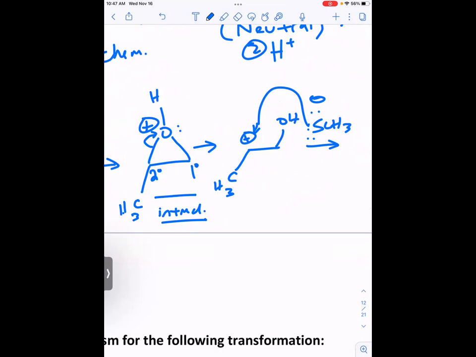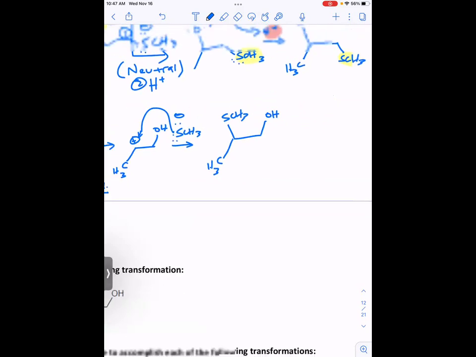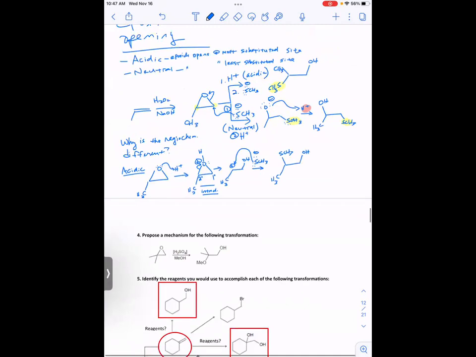And so that's why we see that regiochemistry under acidic conditions. All right, any questions about that?